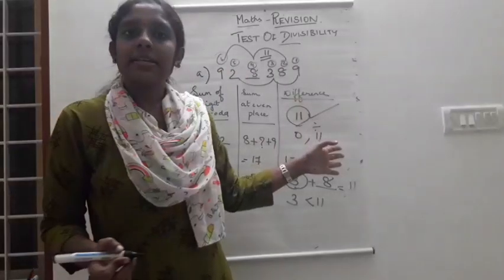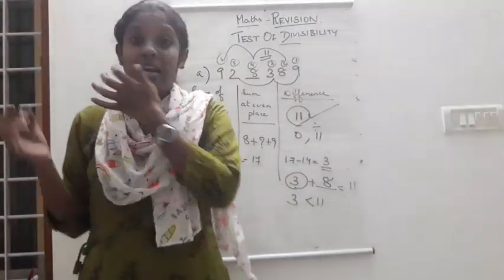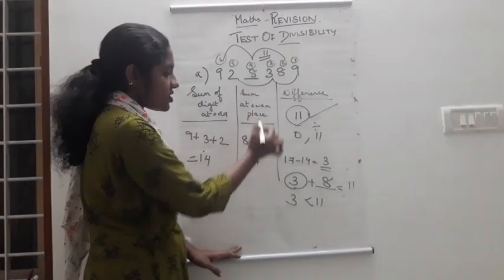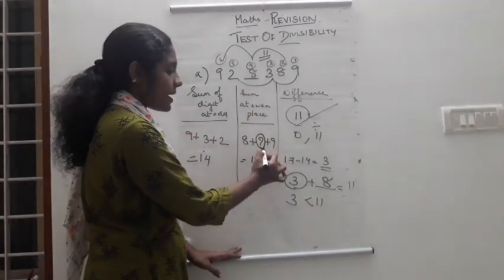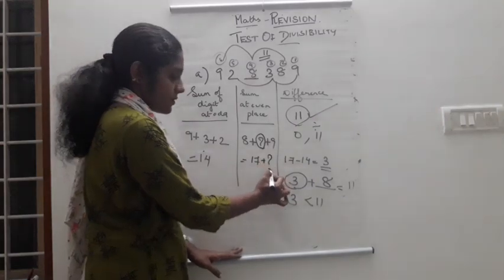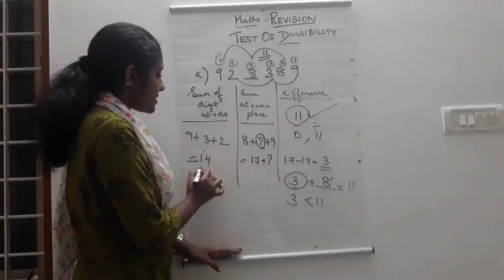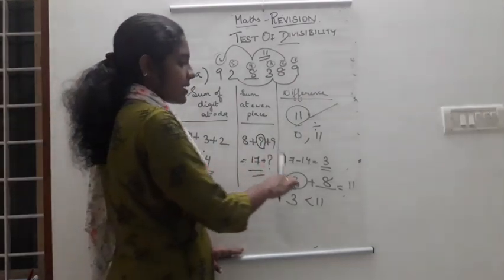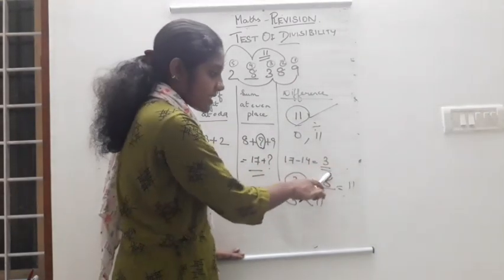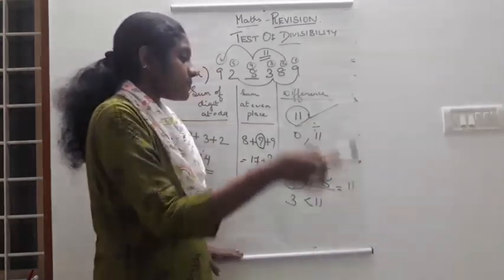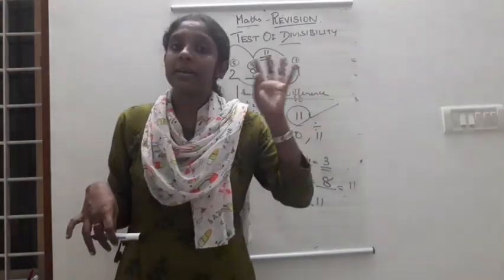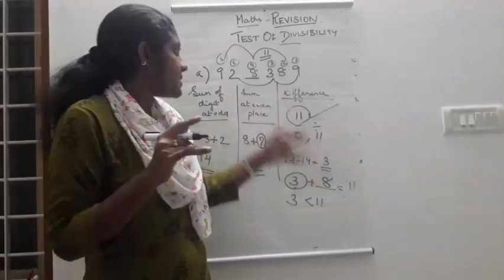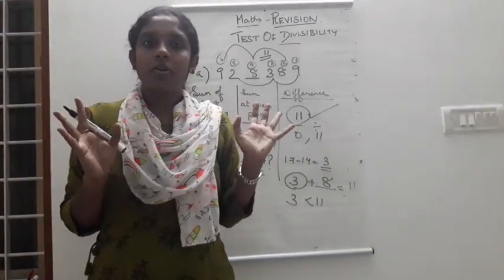So sum of the digits at odd place is 14, even place is 17, the difference is 17 minus 14, which is 3. Then 11 minus 3 gives 8. So 8 is the answer. Got it? This is clear.